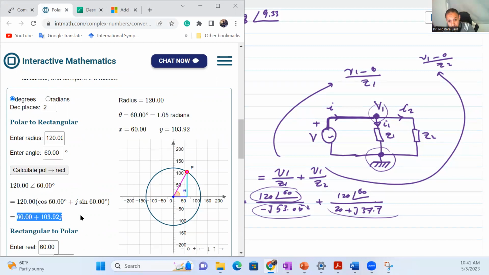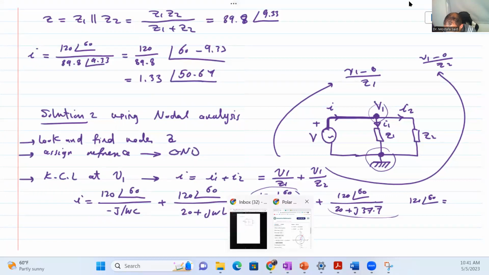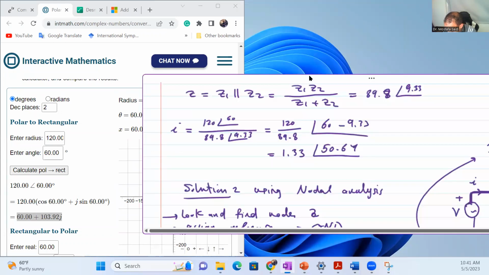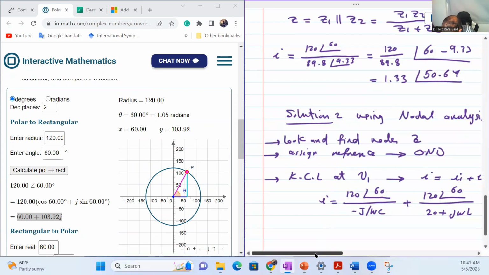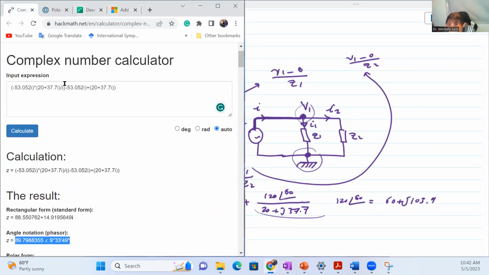So 120 angle 60 is actually 60 plus j 103.9. Now we can use our online calculator to solve that.